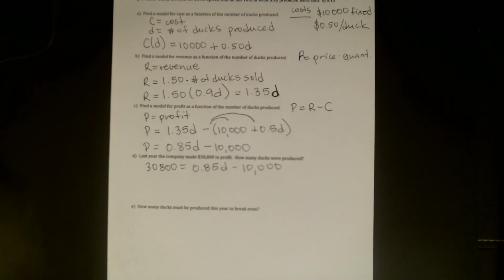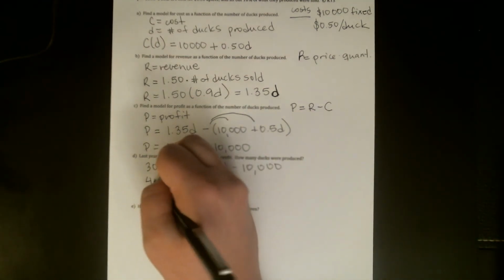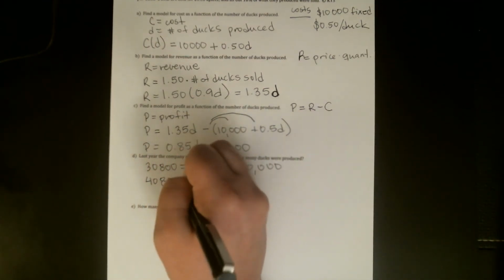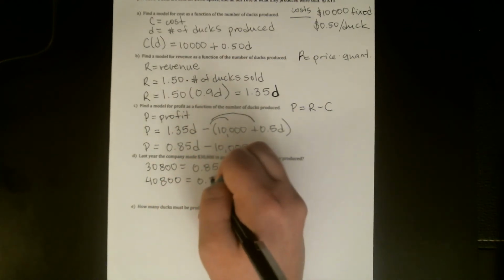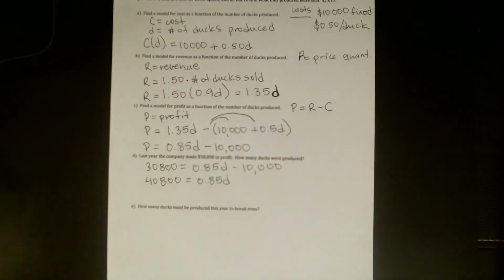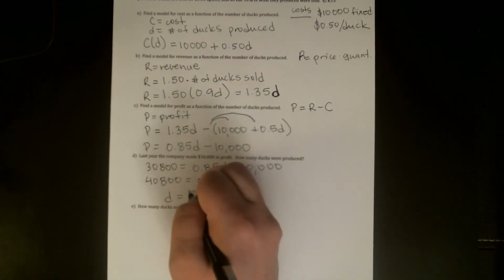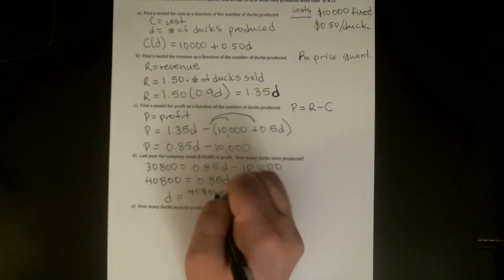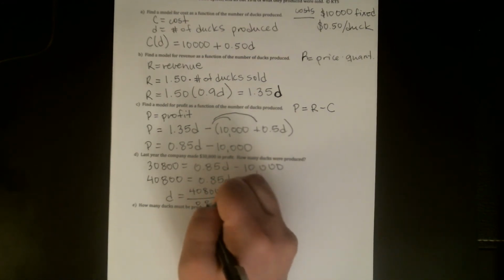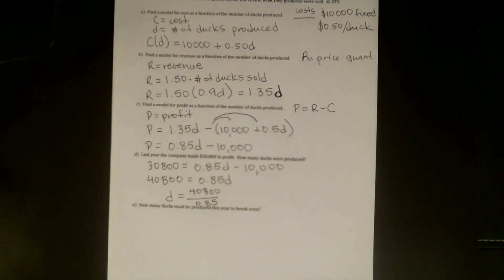So we need to add 10,000, and then we want to divide by 0.85, which is going to give us 48,000.